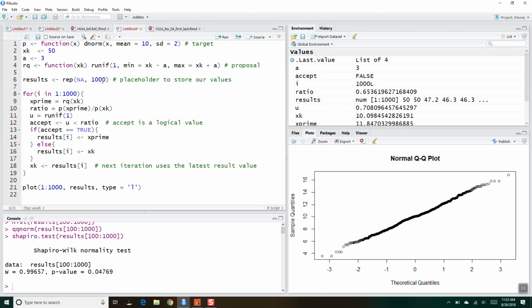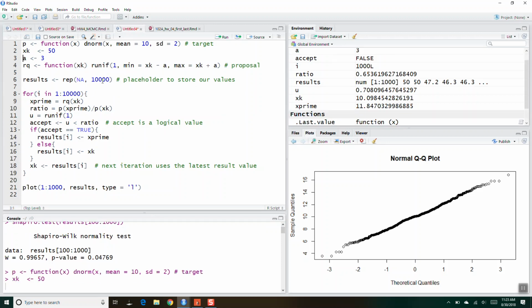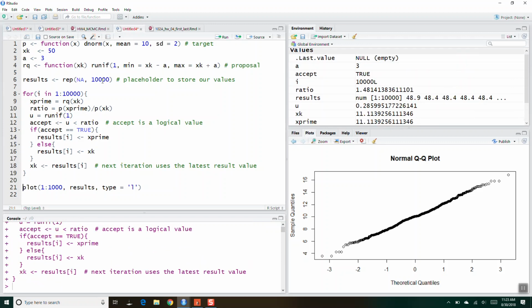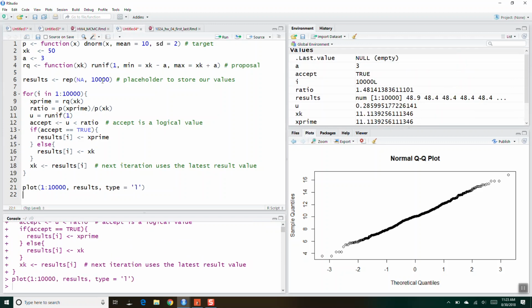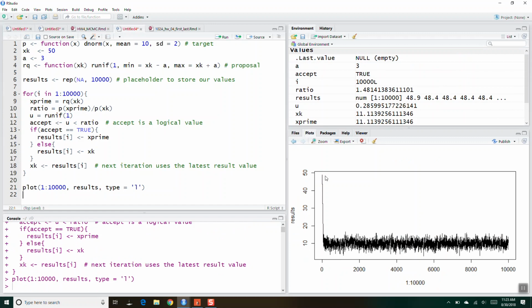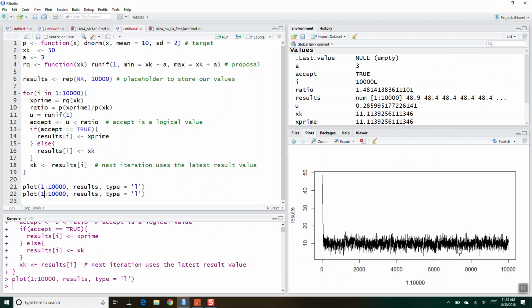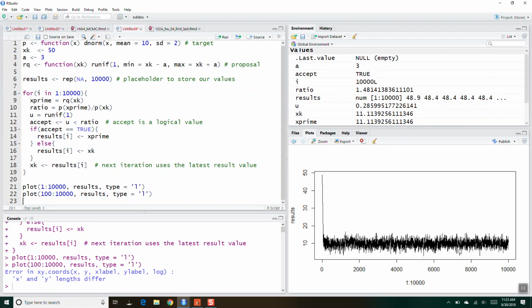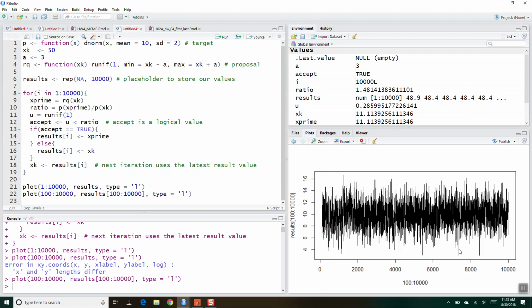It wasn't too hard. I can do more. I can do like 10,000 values, right? And we'll just try this again. Okay, and then let's plot all these things, right? And we can see again, we start off terrible, and then once we're in the region of what seems good, okay, that seems reasonable. We can make a histogram of the results from 100 through 10,000.